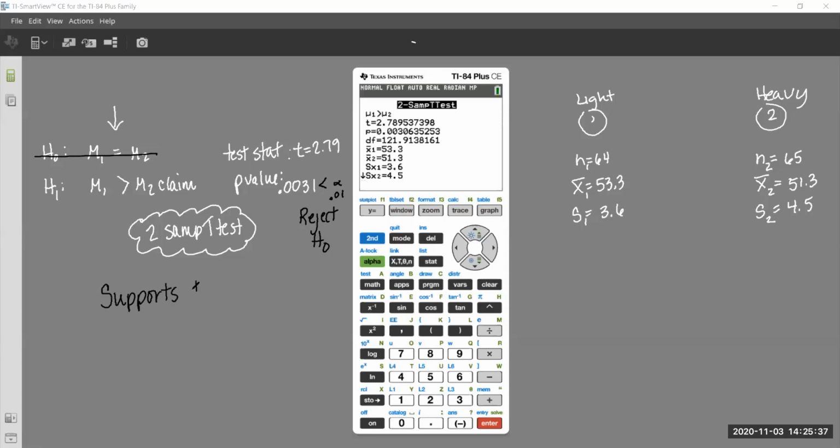You could put it word for word: there is sufficient evidence to support the claim that heavy marijuana users have a lower mean than light users. I'm just going to put heavy users score lower than light users.